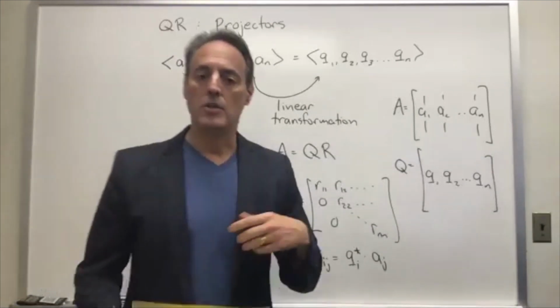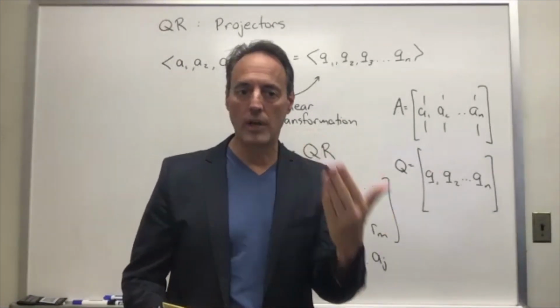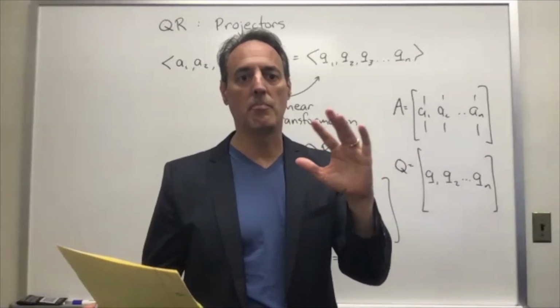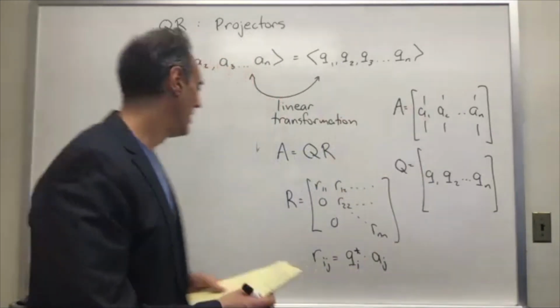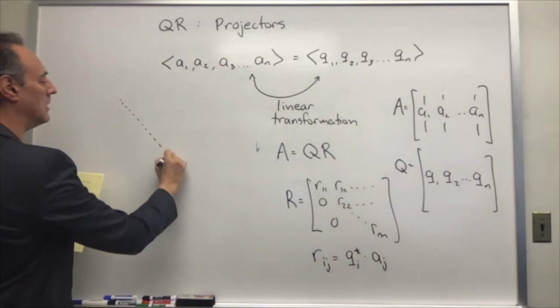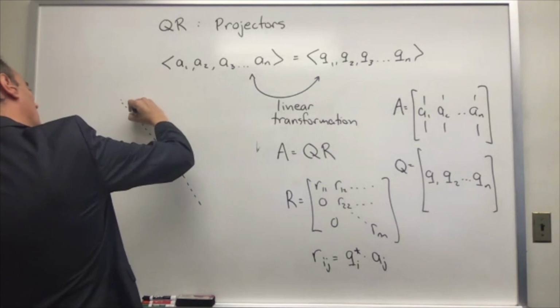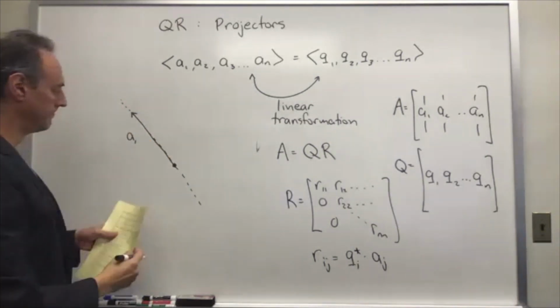So we found a way to project this out, and I just want to give one example of it in a vector geometric way to think about it, and then we're going to continue on this idea. In particular, if I have a given direction, suppose that this is the direction of the vector A1.